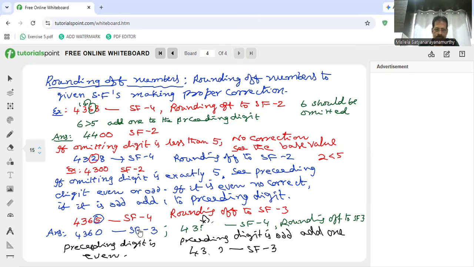So these are how to write the rounding of numbers and how to write the significant figures. Very important. This is 5 and this is 5, so you have to omit this. Okay, this is the way to find the rounding of numbers.